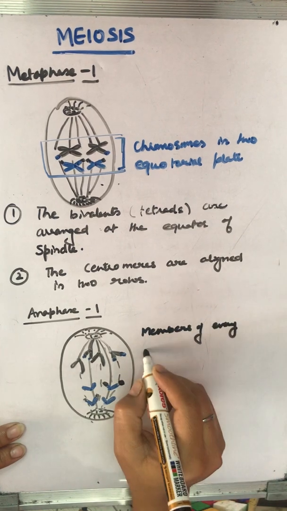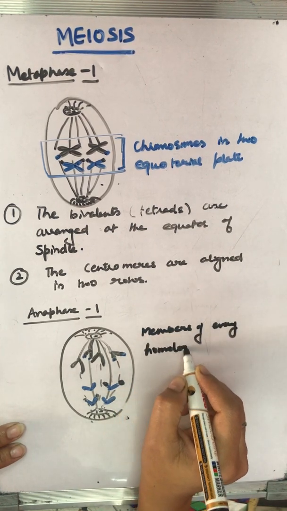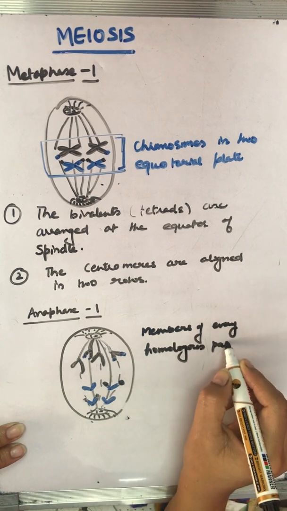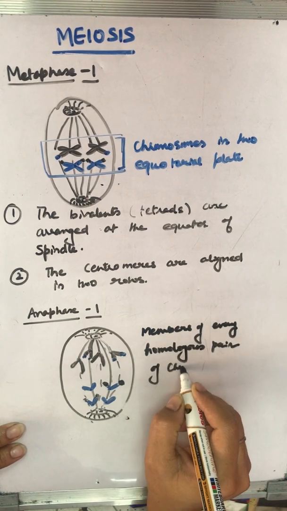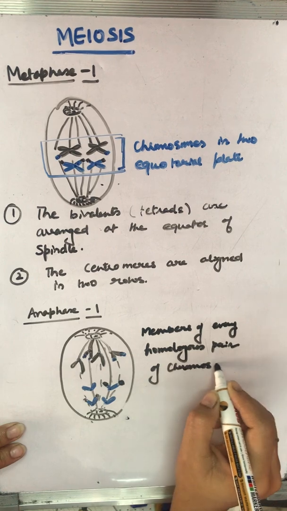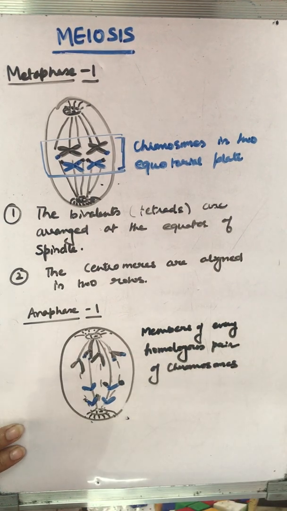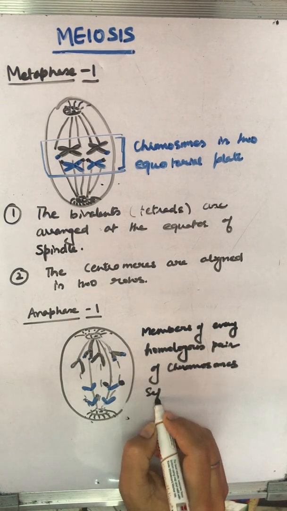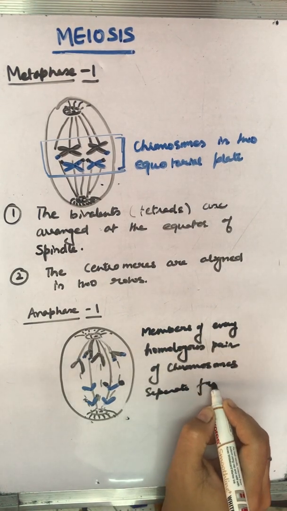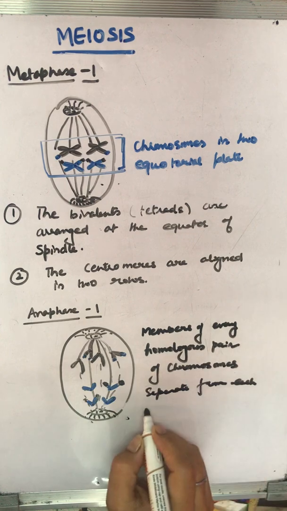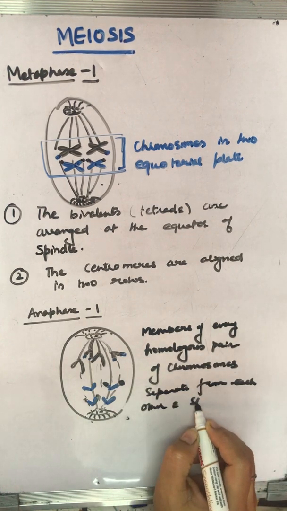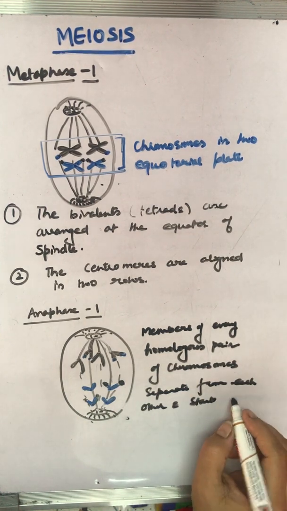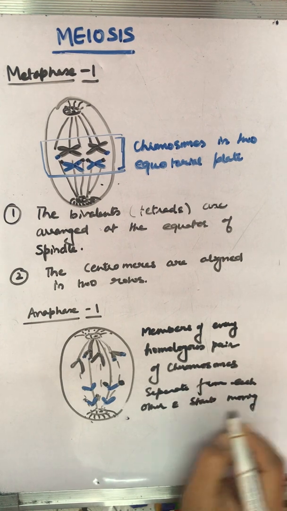Members of every homologous pair of chromosomes separate from each other and start moving to opposite poles.